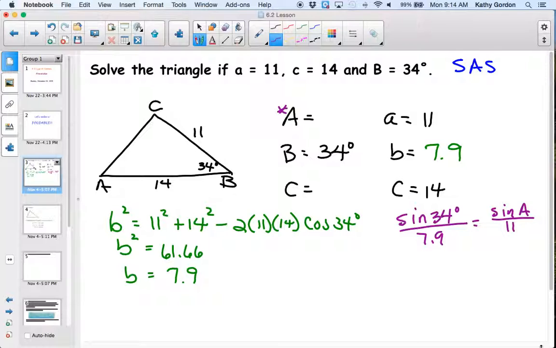And what do you get? About 51 point what? 1.3. Okay. Since I rounded off my side to 1 decimal place, I'm going to round off my angle to 1 as well. And so angle A is going to be about 51.1 degrees.